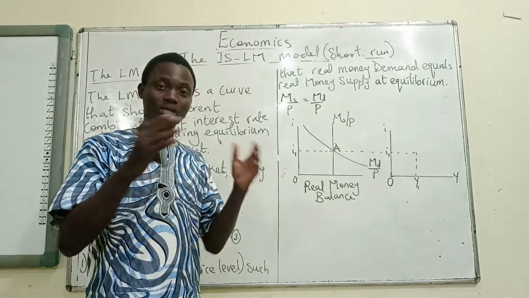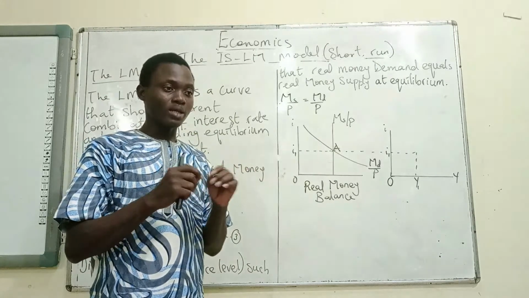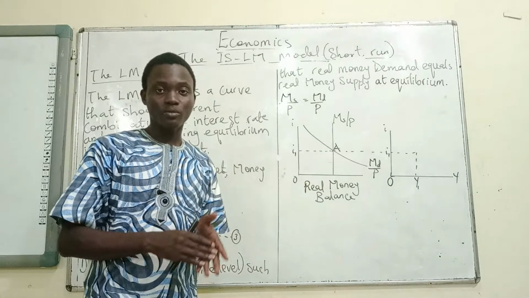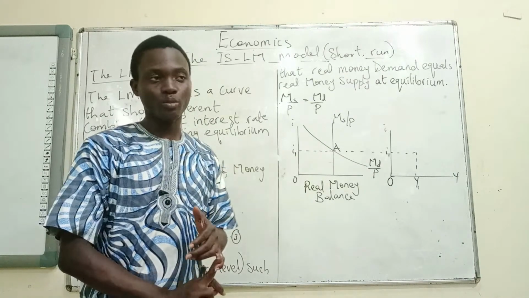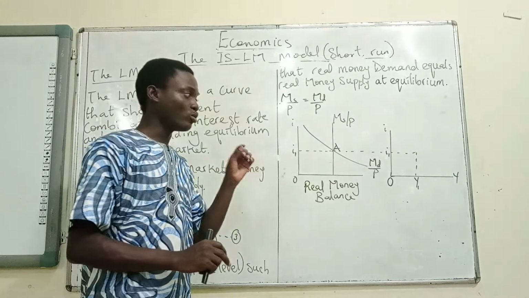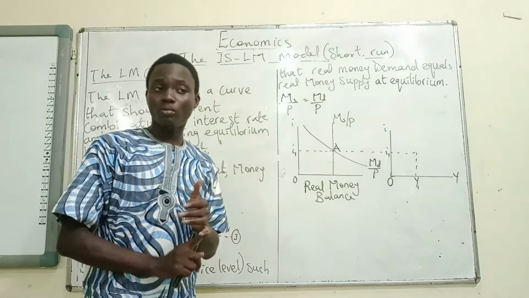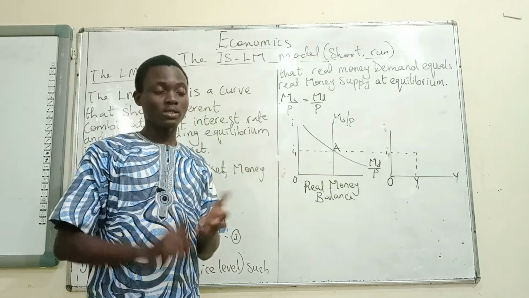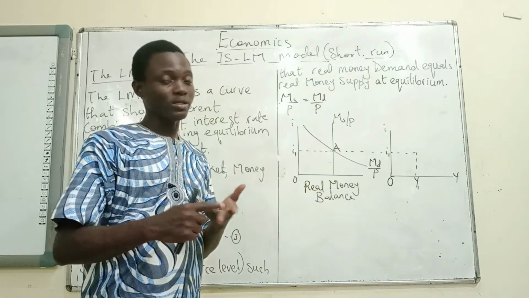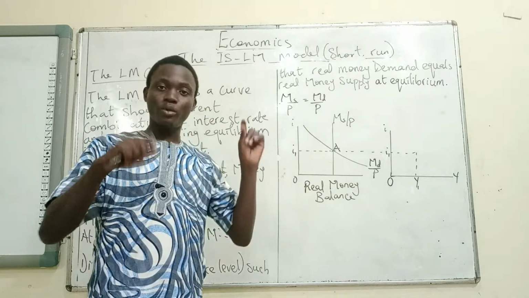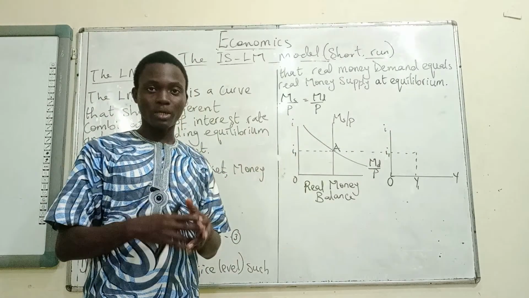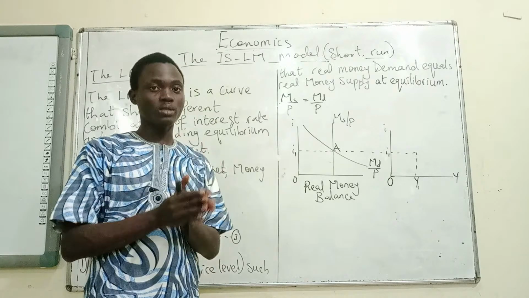Let me come again. Total demand for money equals transactional demand plus speculative demand plus precautionary demand. So when Y increases, transactional demand rises and precautionary demand rises. Speculative demand is the same. So two components of total money demand are rising, and that increases money demand.